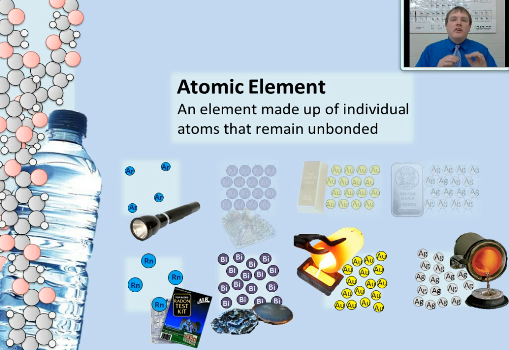And if there are no bonds, as an atomic element isn't allowed to have any bonds between the atoms at all, you can't have a solid substance. So atomic elements are always going to be either liquids or gases. They're going to be made up of one type of atom, and those atoms are never bonded together to other atoms, not even in a crystal lattice.